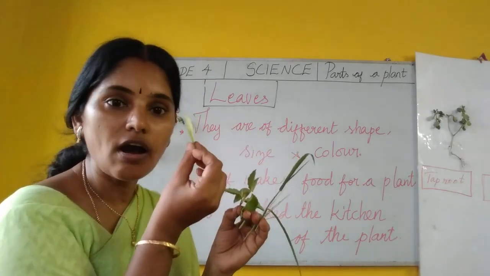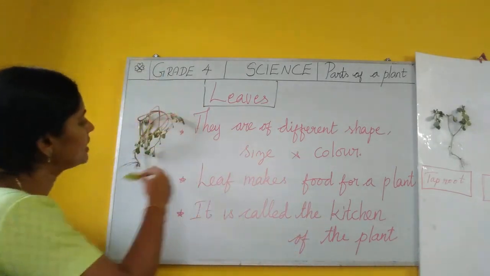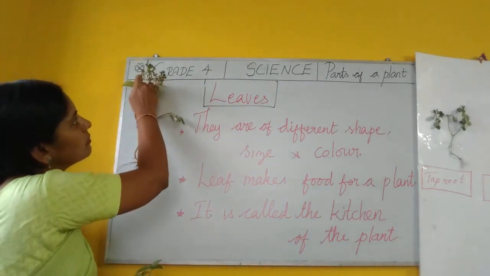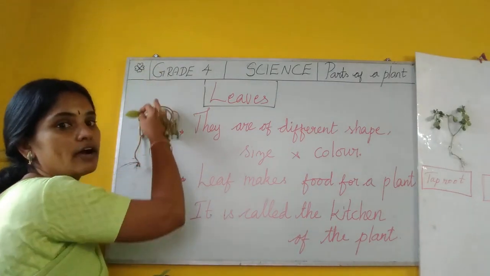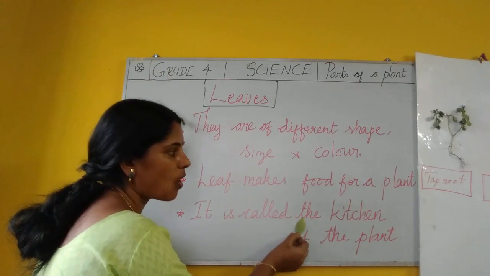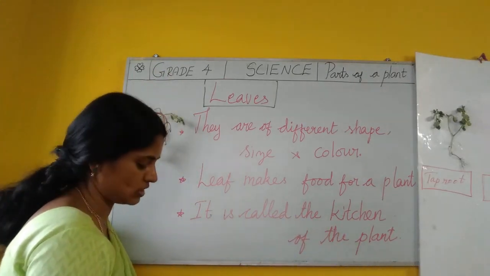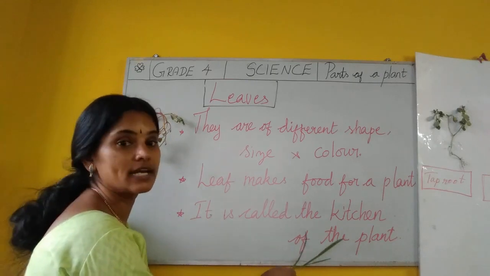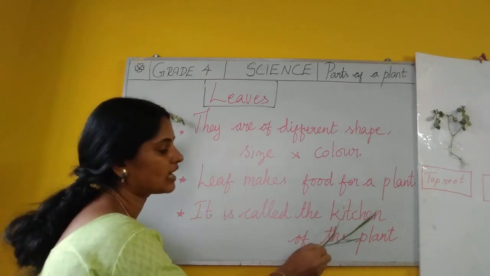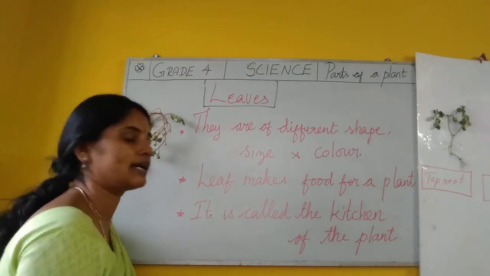So here only food is prepared. In the plant parts, the leaves are the ones that prepare food. So it is called the kitchen of the plant.